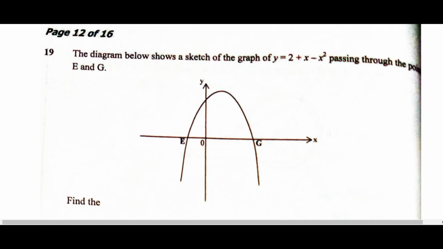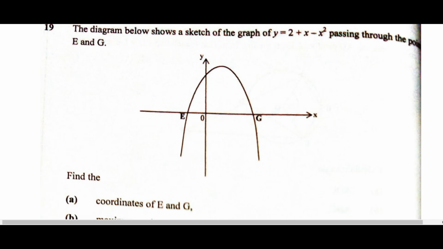So we can now move on to question 19. The diagram below shows a sketch of the graph of y is equal to 2 plus x minus x squared, passing through the points E and G. Find the coordinates of E and G. So we are solving for the x-intercepts.